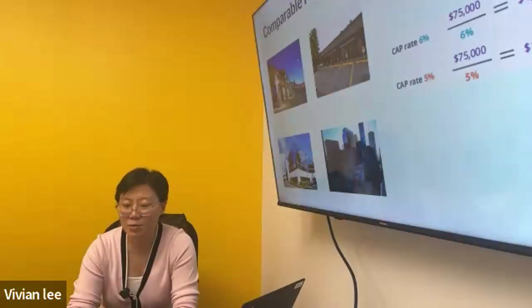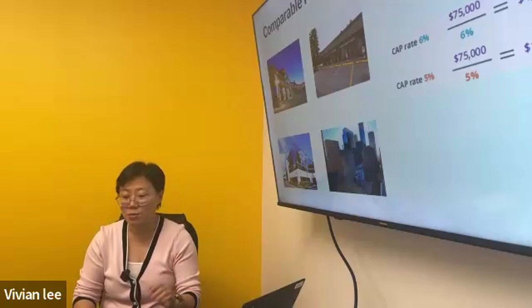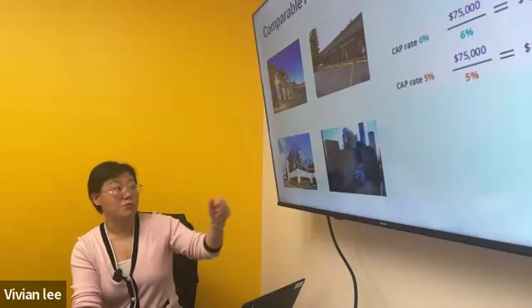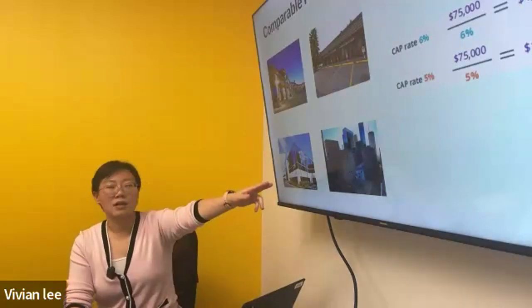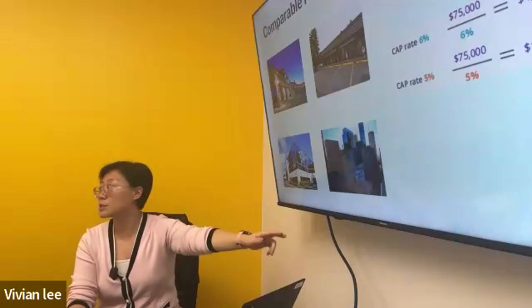Yeah, so comparable properties, these are all strip malls, right? You have to find adequate comparables because this one, look how old it is, right? There's one old, one new, their facades are totally different. So those are not good comparables. And also here, there's an office building down here. One is in a high-rise building, downtown core, expensive land.